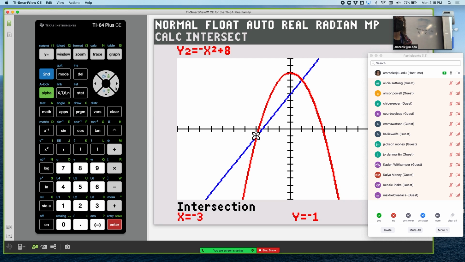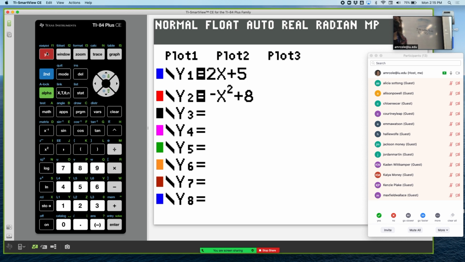So I'm going to go back and look at y equals. All right, so I've got a straight line, y equals 2x plus 5, and then I've got a y equals negative x squared plus 8. All right, so for these two, I've got one intersection point at negative 3, 0.